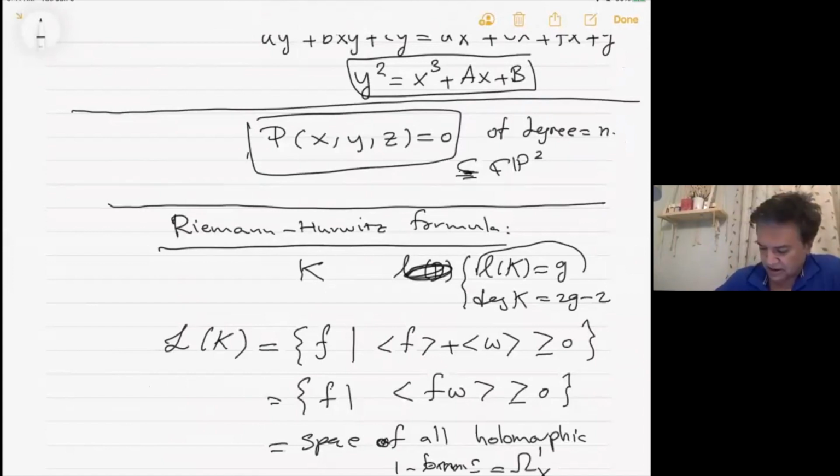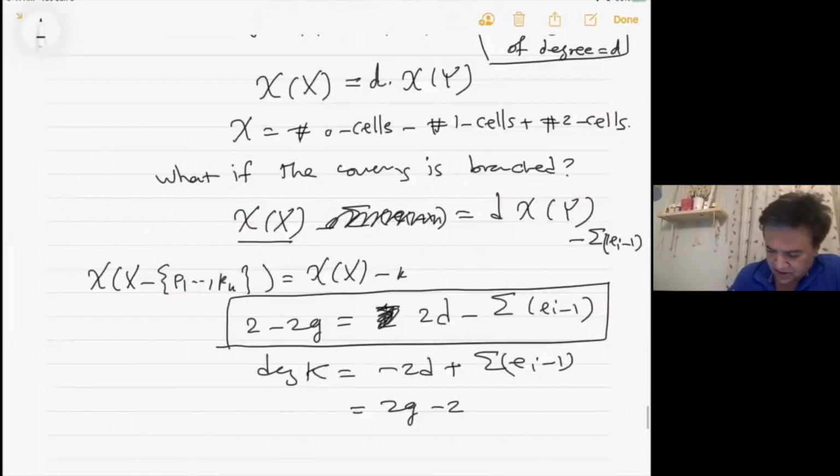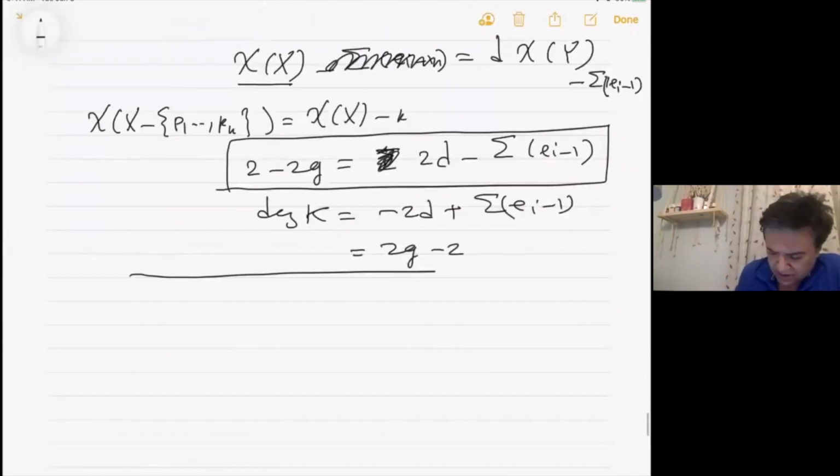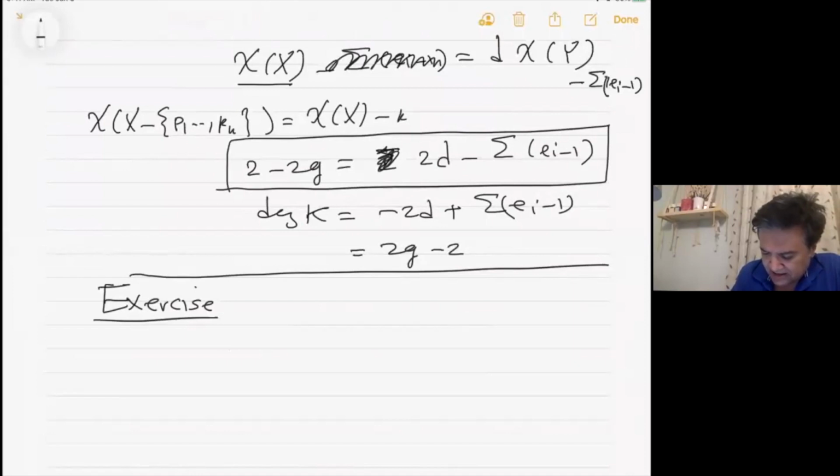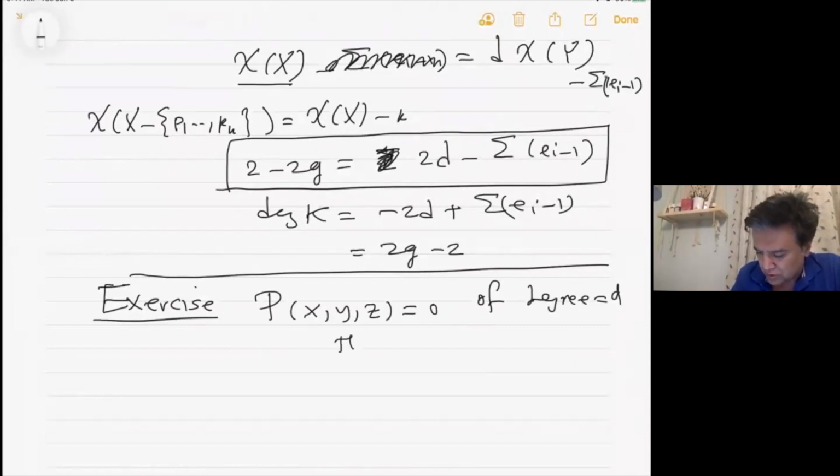Let me give you an exercise which I think you should try to do using the Riemann-Hurwitz formula. If you give an equation of degree d that is smooth, then the genus of the curve defined by this equation is (d minus 1)(d minus 2) divided by 2.